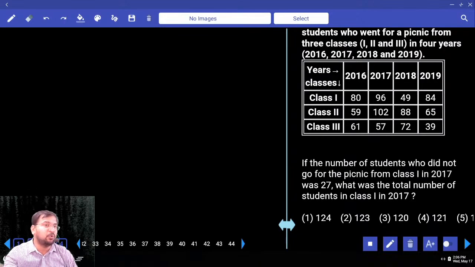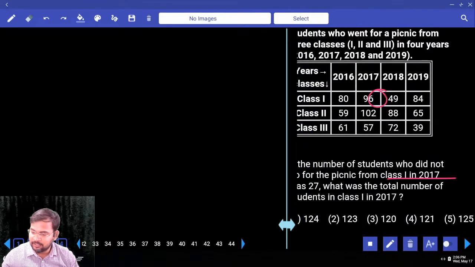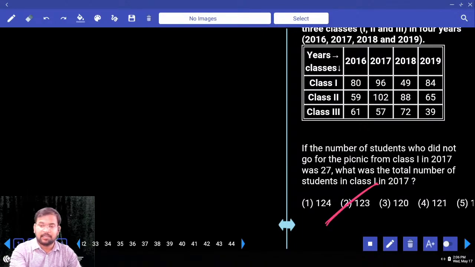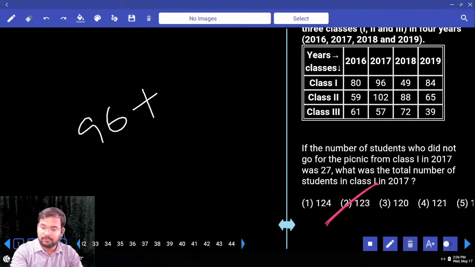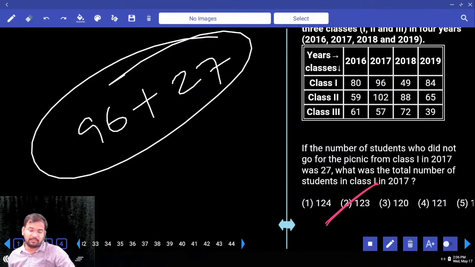The given data is who went for the picnic. 2017 class 1: how many went? 96 went. 96 went, and 27 did not go, then together how much? 123. So 123 are available.